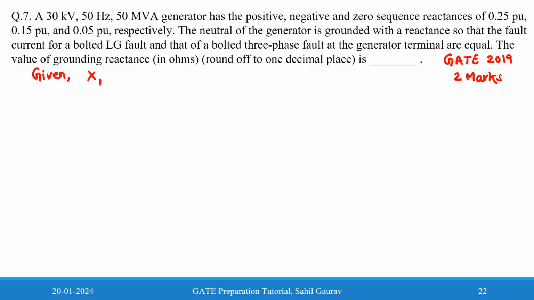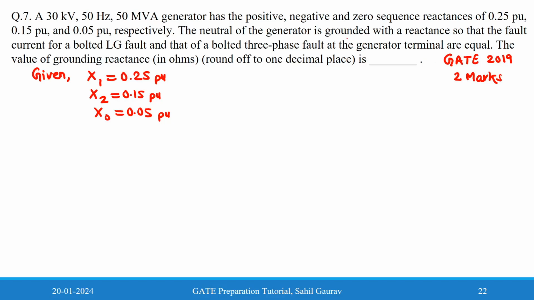So the given values are x1 equal to 0.25 per unit, x2 is 0.15 per unit, and x0 is 0.05 per unit. The neutral of the generator is grounded with a reactance so that the fault current for an LG fault and that of a three-phase fault at the generator terminal are equal.